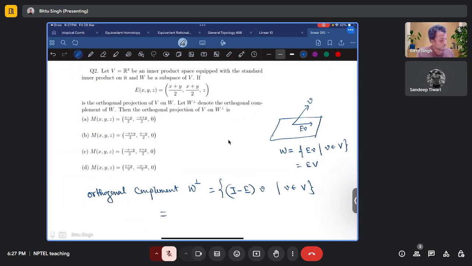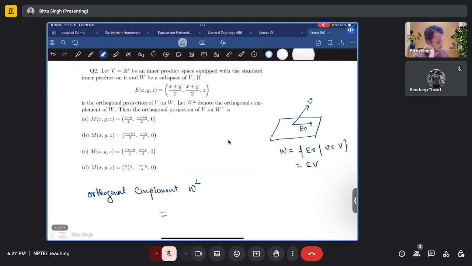Now, instead of doing this, what do we need to do? We need to find W perp.